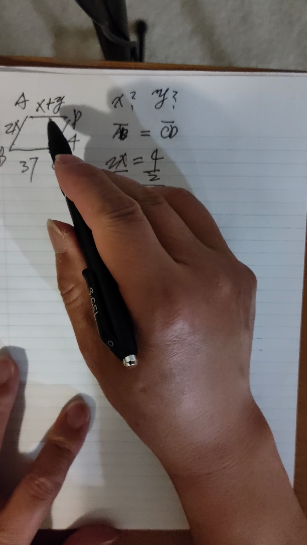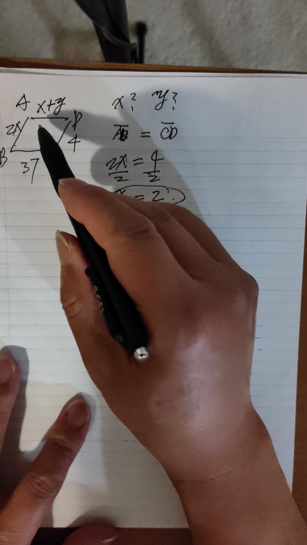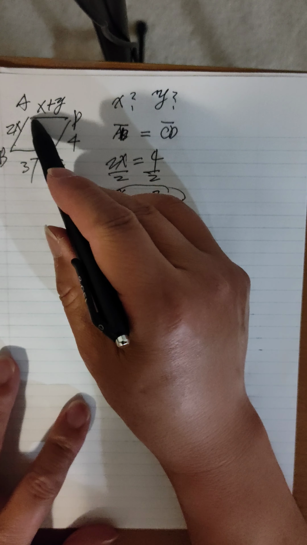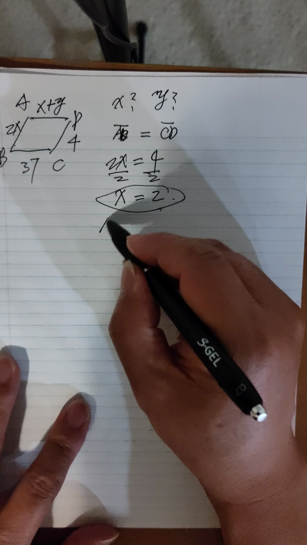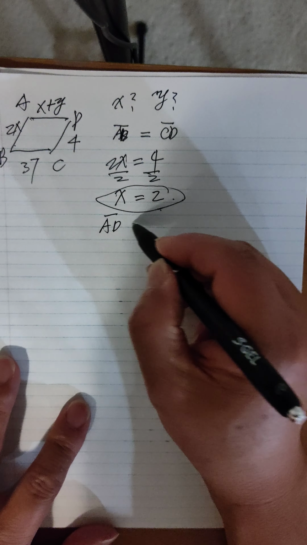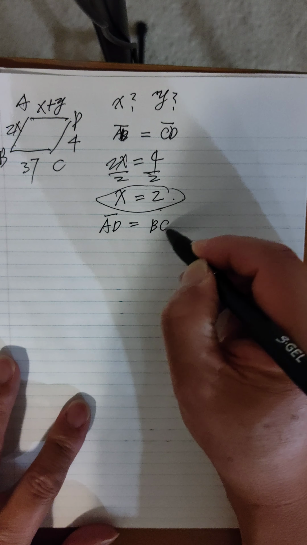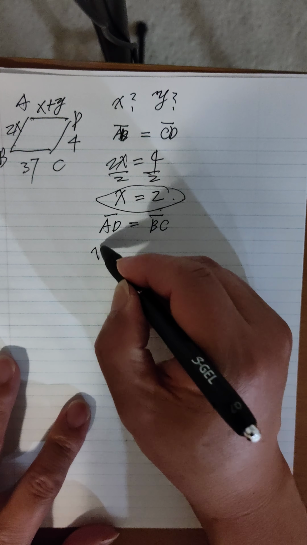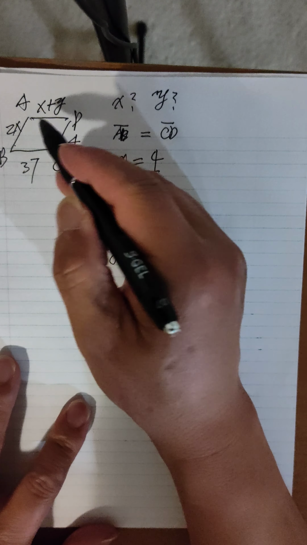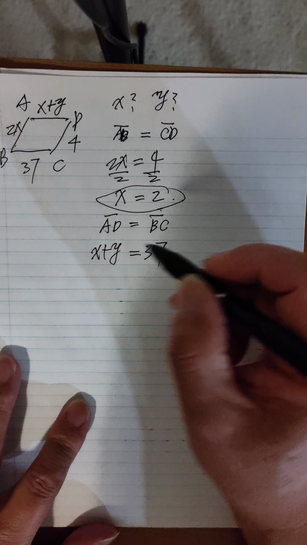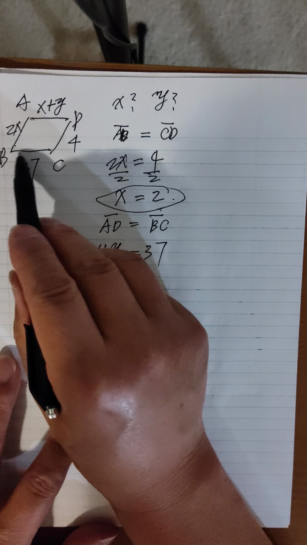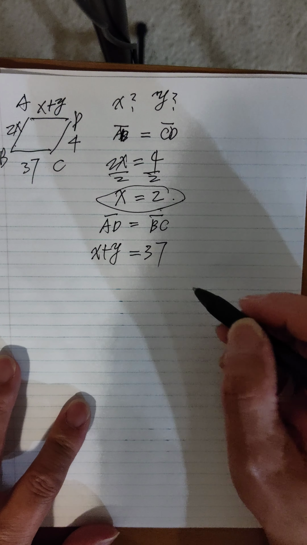Now we can use a similar approach to find y. We know this side is the same as this side. So segment AD is the same as segment BC. So we get x plus y, which is the side AD, equal to 37, which is segment BC.